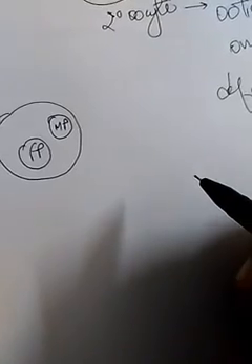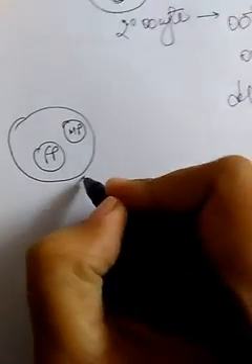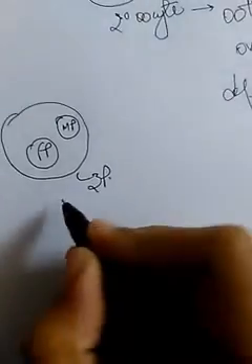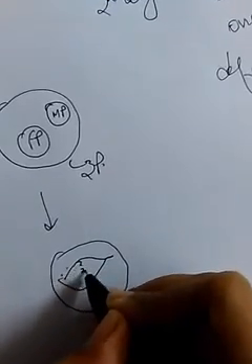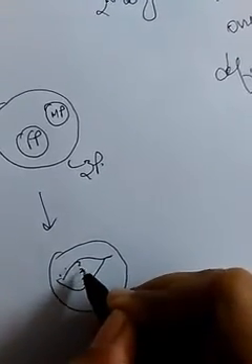Now both the male and female pronuclei, this is the zona pellucida, get fused and a spindle shaped structure is formed. Their chromosomes get arranged like this.